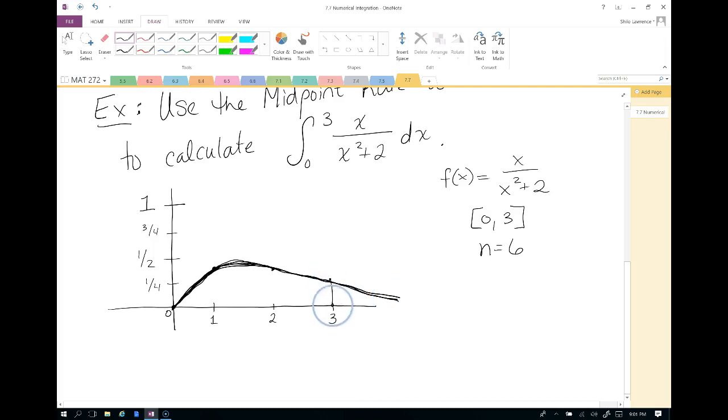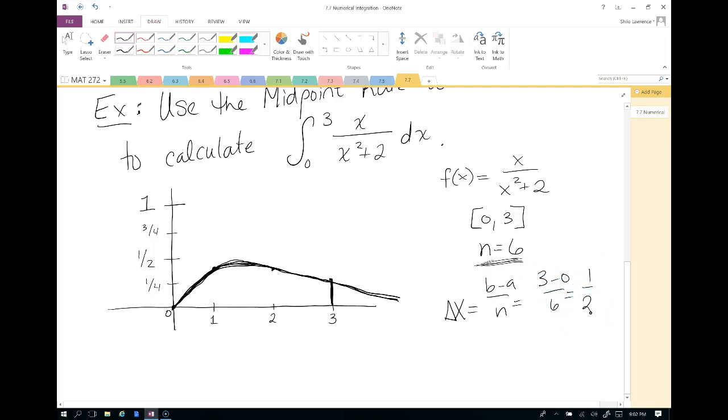We want to know, and we're going to cut it off at 3, we just want to know this area here, this area in the middle, from 0 to 3. And we're going to do it by breaking it into 6 subintervals. So you can figure out your delta x. Remember, that is b minus a over n. So we've got 3 minus 0 over 6, which ends up being a half.